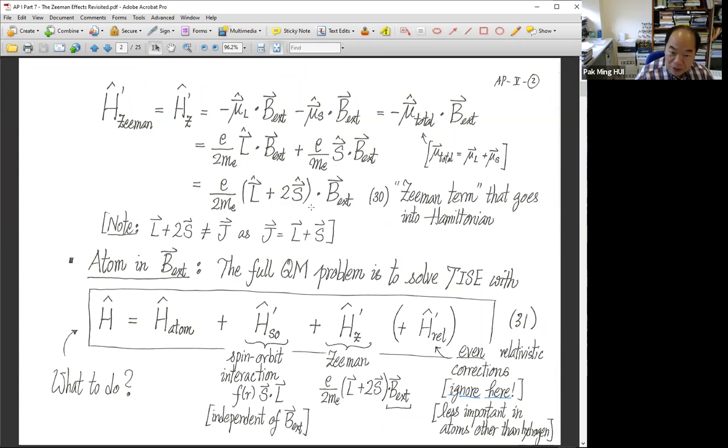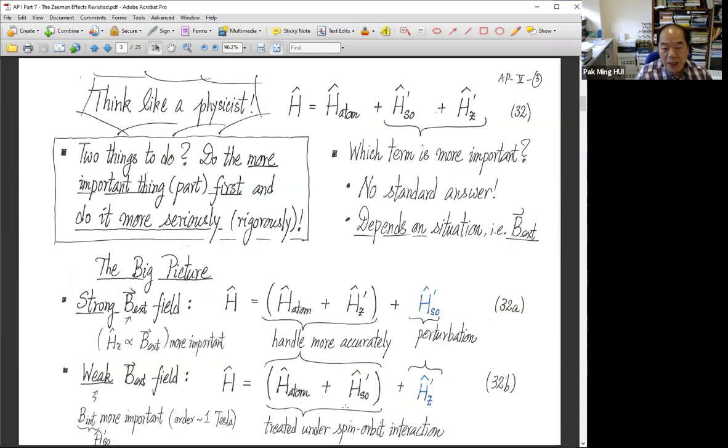Nonetheless, the difference in the g factor gives us some trouble. There is some extra 2. Nonetheless, we know how to write down the whole Hamiltonian: spin-orbit and Zeeman, and the Zeeman is given by that, spin-orbit is given by that. So the whole problem is this.